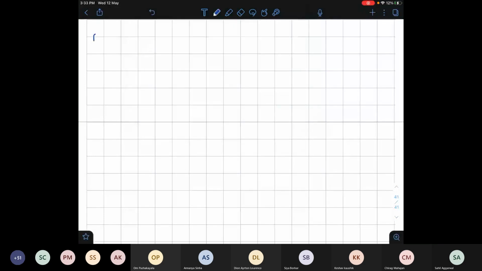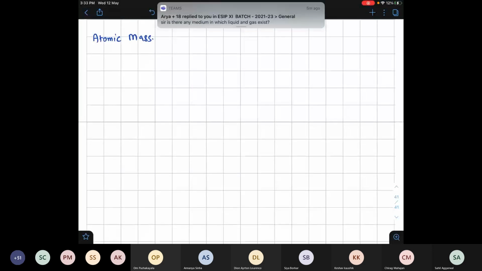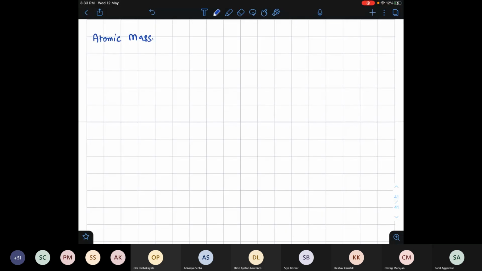What do you mean by atomic mass? Is there any medium in which liquid and gases exist? Yes, we will talk about it. Liquefaction.